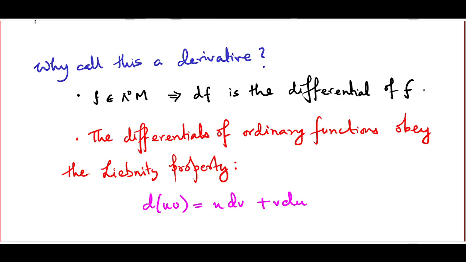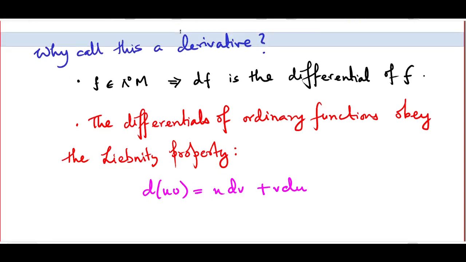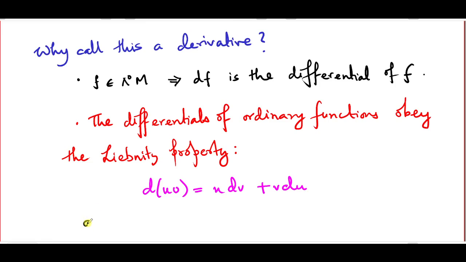And the formula that we had derived right now, d of f omega is f times d omega plus df wedge omega, looks very much like this.